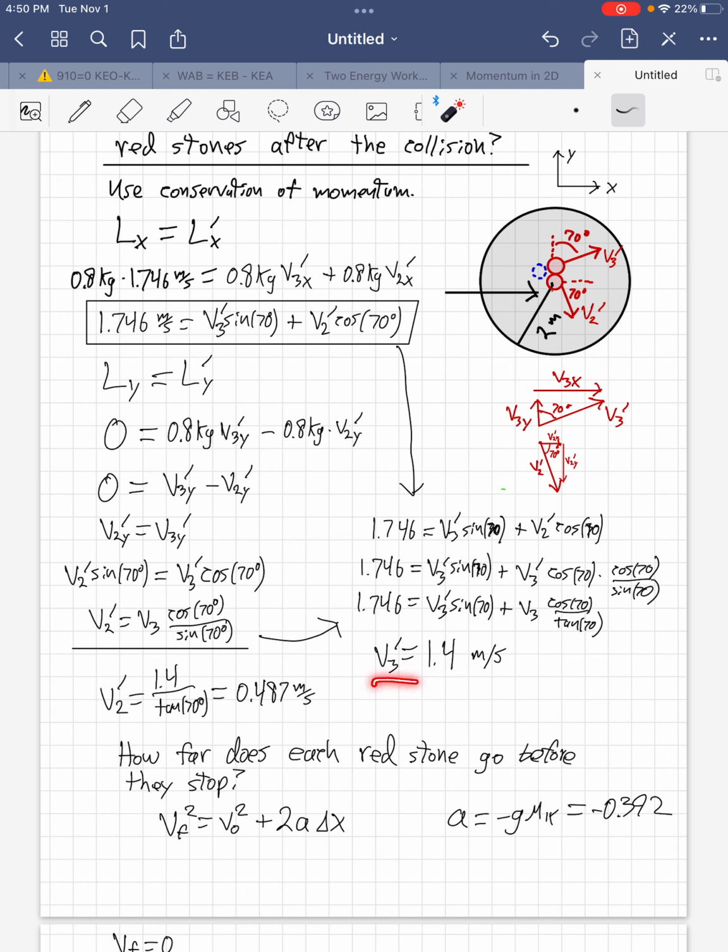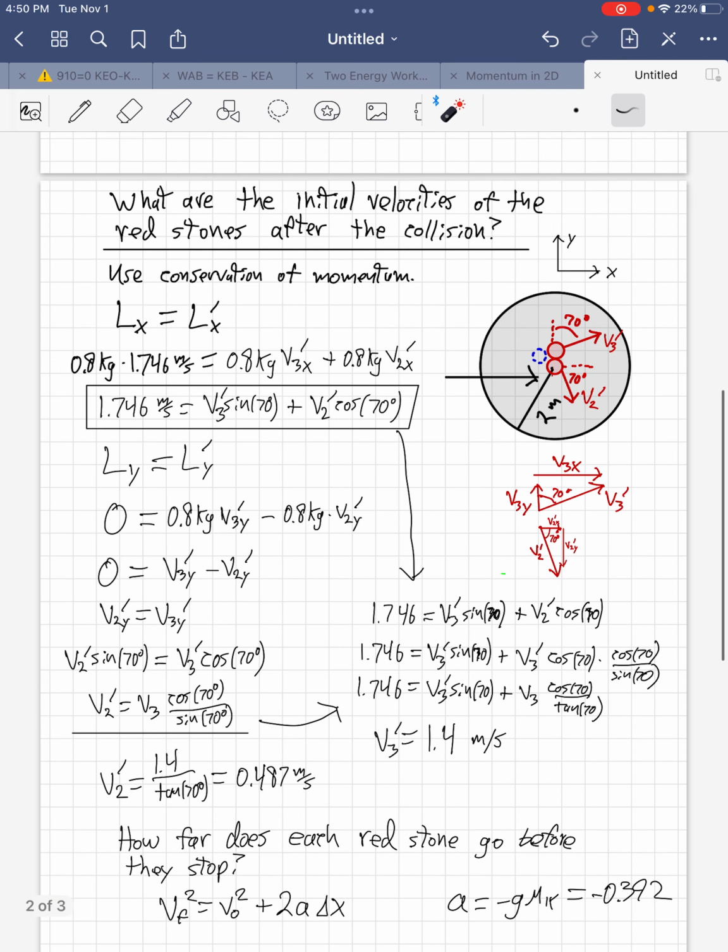And then we can simply plug that answer back into here, and we find that the velocity of the second stone after the collision is going a little slower. It's going at 0.487 meters per second. All right, good. So we've solved this piece of the puzzle. What are the initial velocities of the red stones just after the collision?